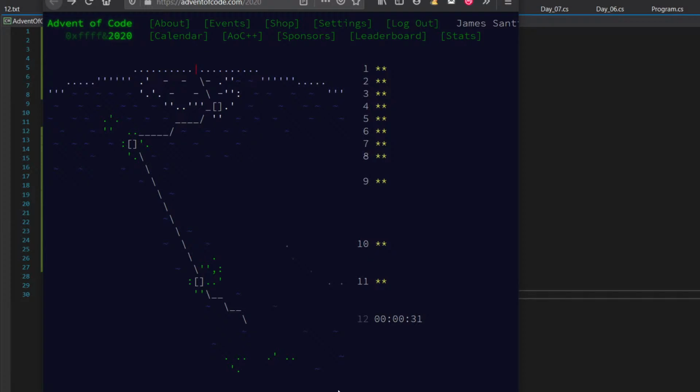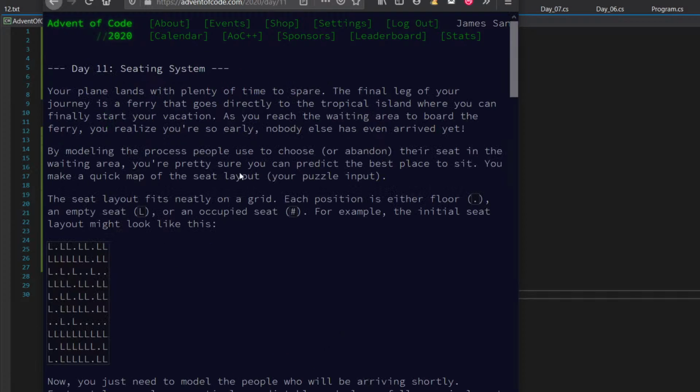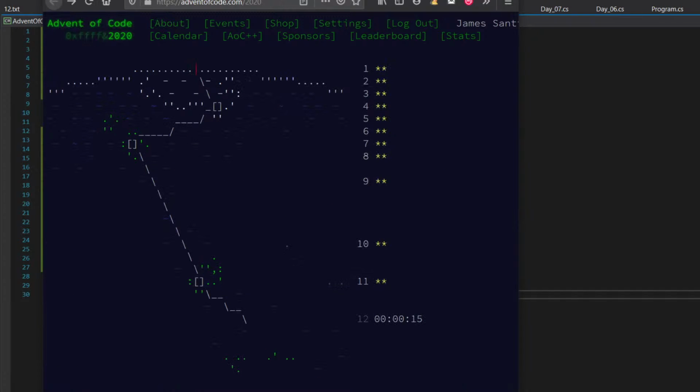We did already have 2 seat problems: finding our seat on the plane and then finding our seat on this, what is it? A ferry? A ferry to a tropical island. It sounds kind of weird, but yeah, okay.